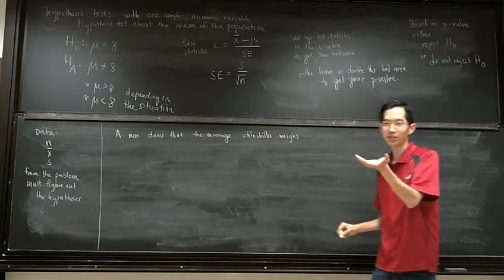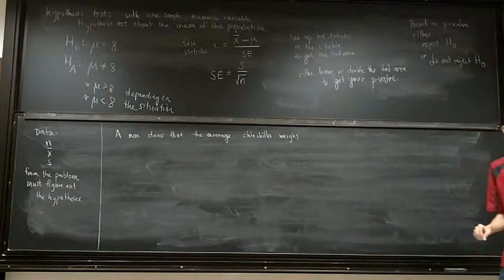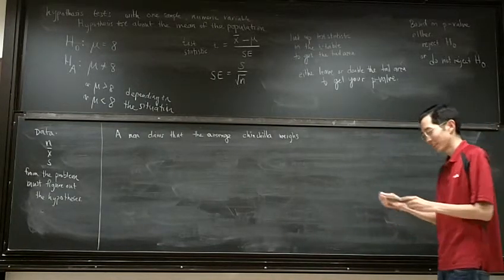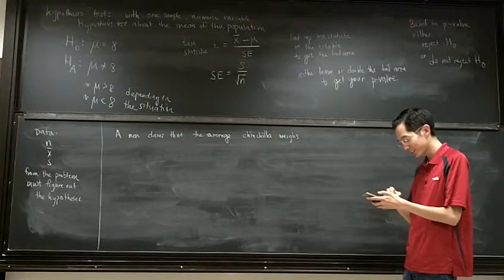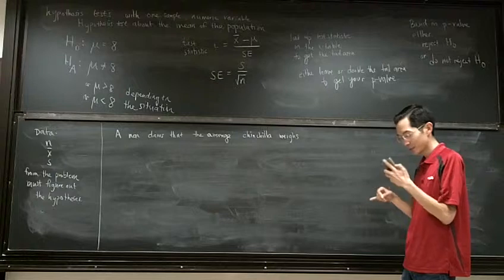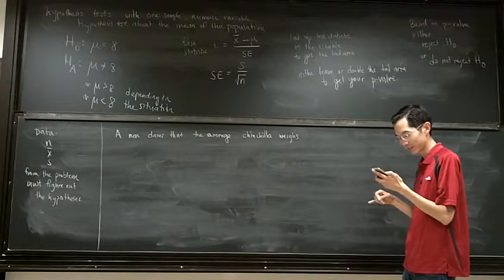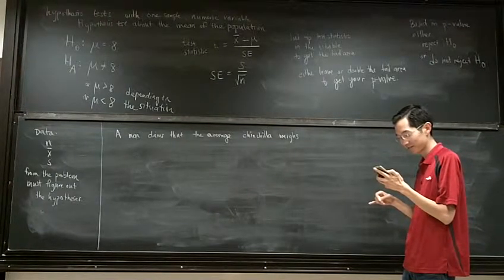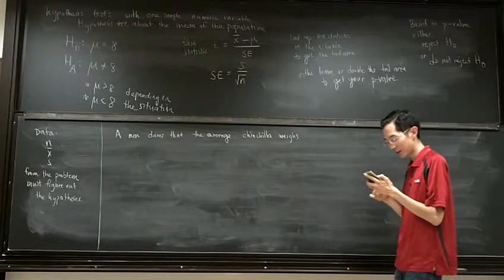How much does the average chinchilla weigh? 8 pounds? 4 pounds? 15 pounds? Okay, that's 8 pounds. Not that big. It's like a rabbit.